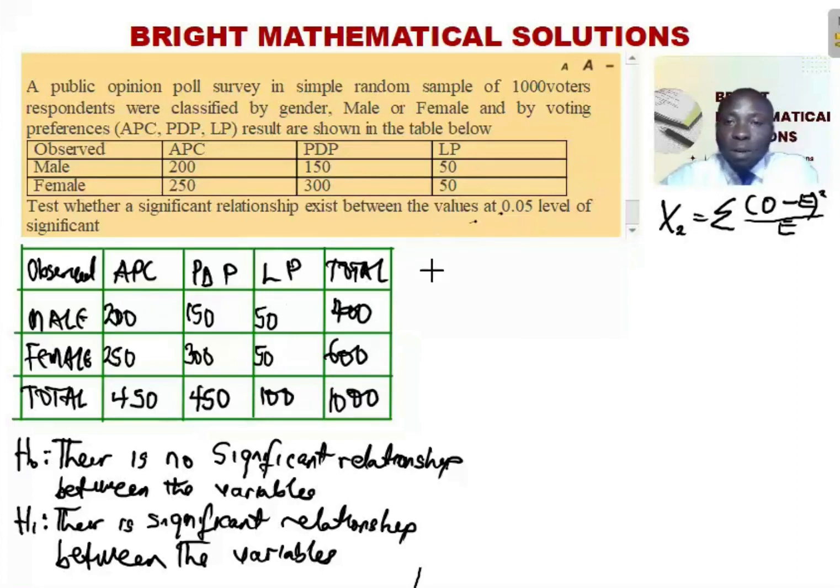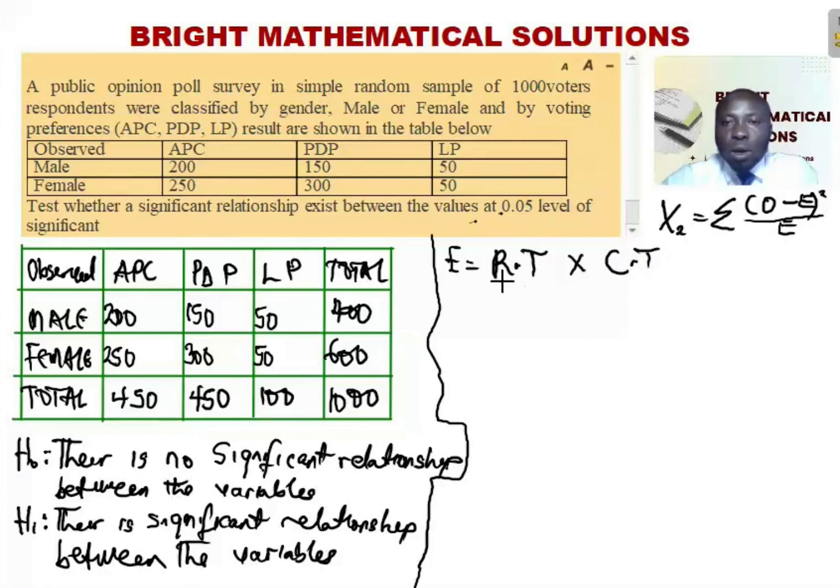Now the next thing for us to do is to calculate our expected. The formula for calculating the expected is E equals row total multiplied by column total over grand total.